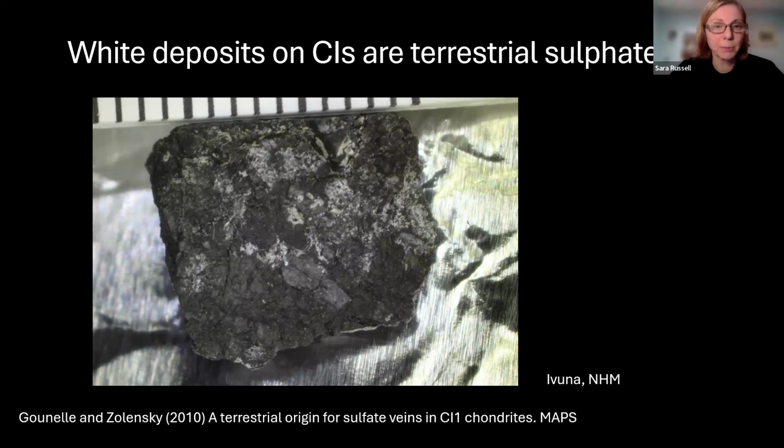For a long time, these deposits were thought to be asteroidal, due to late-stage oxidizing alteration. But if you look back at the early records of CI falls, the first people to look at the CIs report that they're just black as coal. So these deposits obviously form over timescales of months and years on the Earth's surface.